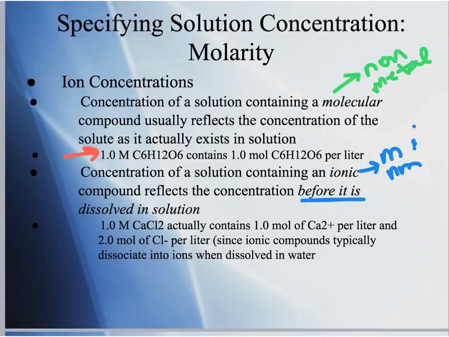Okay, so here we've got 1 molarity of calcium chloride, which actually contains 1 mole of the calcium ion per liter and 2 moles of the chloride ion per liter, right? Because we have to take a look at the actual formula.